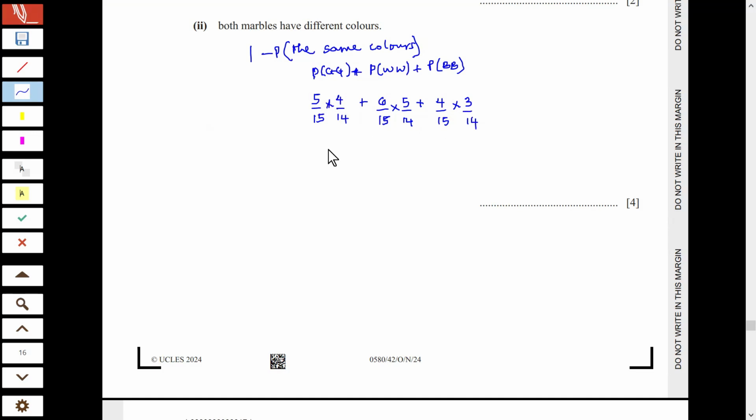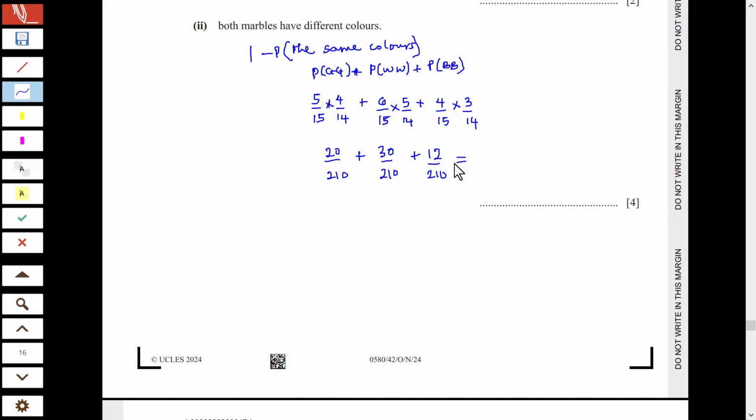Now, 5 times 4 gives us 20 over 15 times 14 is 210, plus 6 times 5 is 30 over 210, plus 4 times 3, we have 12 over 210.